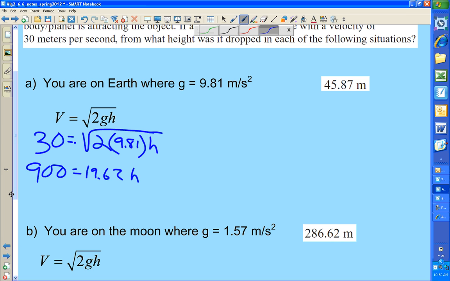What do you get? 45.872. Okay, so that's how high, 45.87 meters, 4.5 stories up. You jump, you'll hit the ground at 30 meters per second.